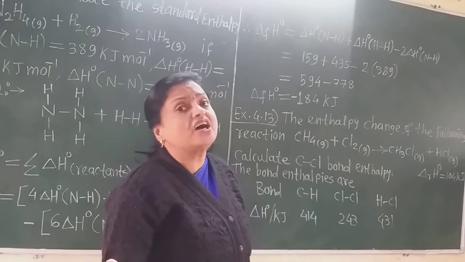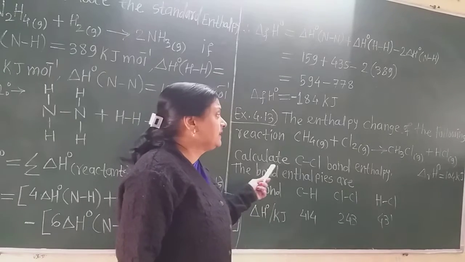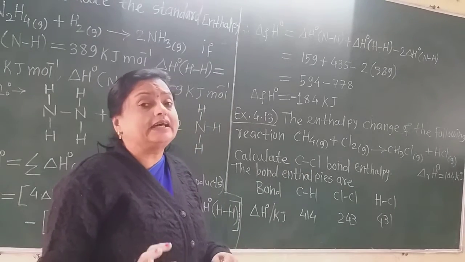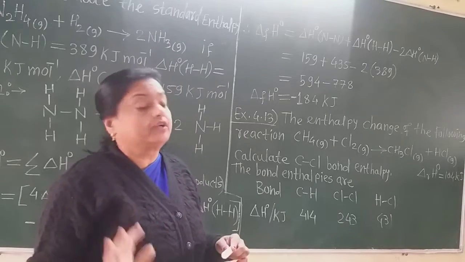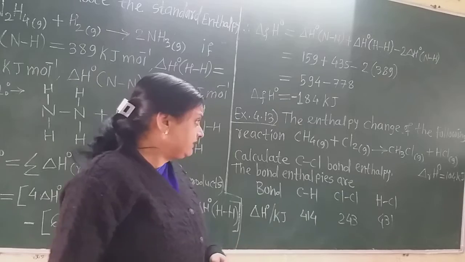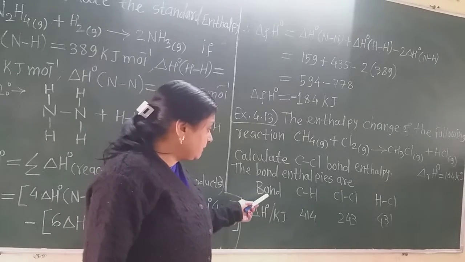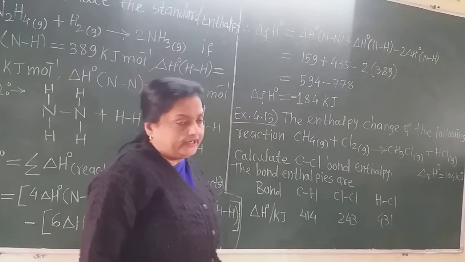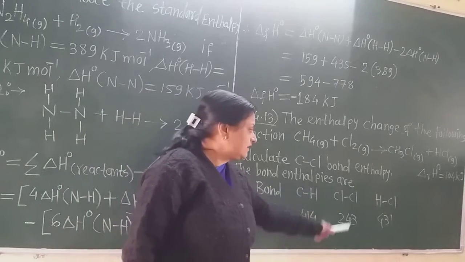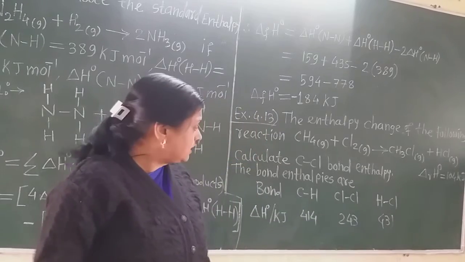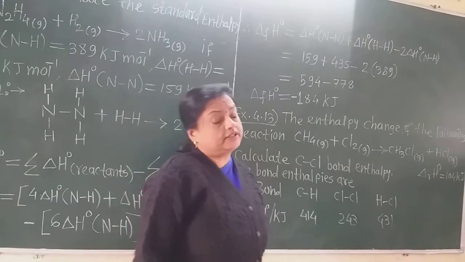And they ask us to calculate the C-Cl bond enthalpy. That means the C-Cl bond enthalpy's value is not given. Now, which bond enthalpy values are given? They gave us the bond enthalpy of the C-H bond, that is equal to 414, the C-Cl bond, that is 243, and the H-Cl bond 431.